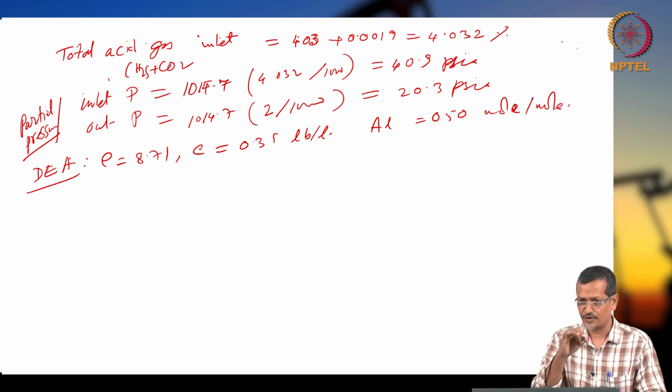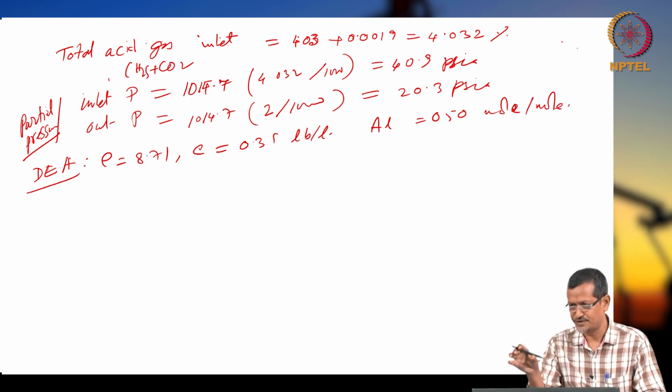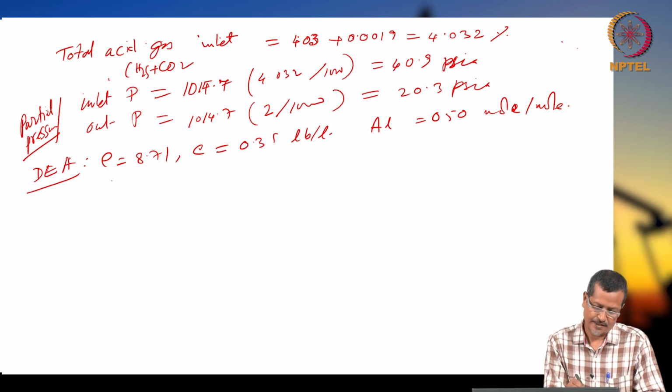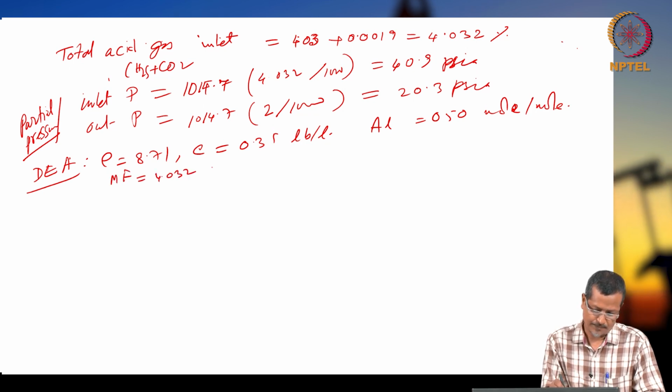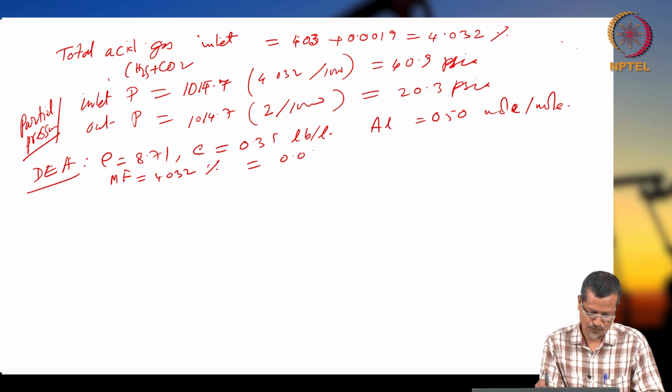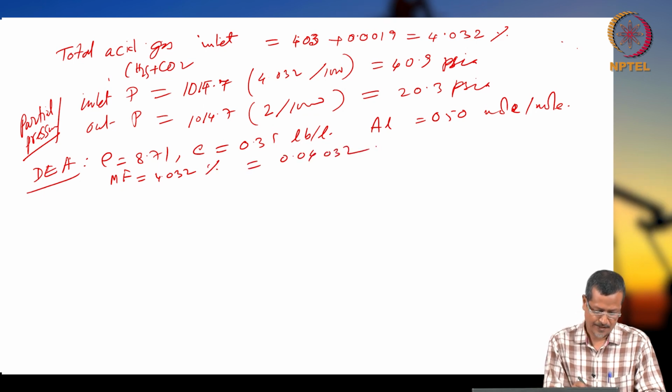So you have to apply the formula based on the data given. It is a direct formula actually. MF equals 4.032%, so it is coming to 0.04032.